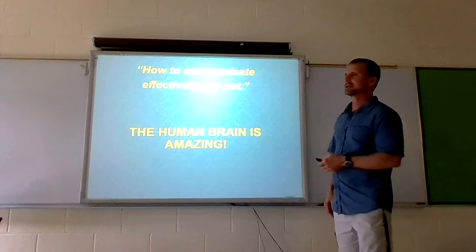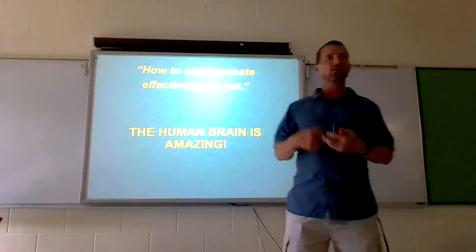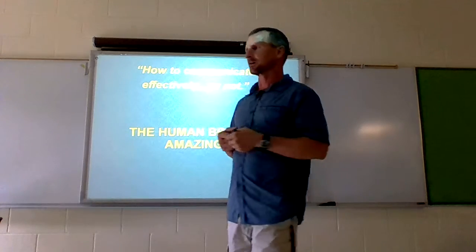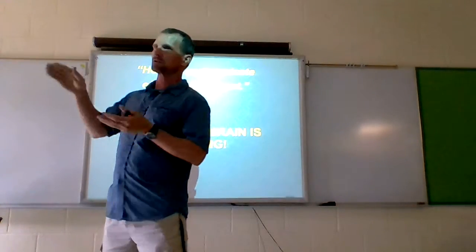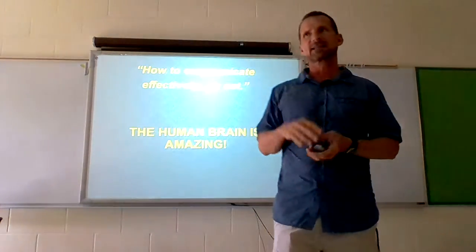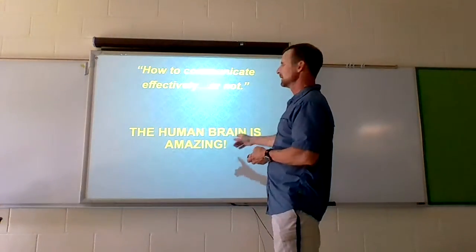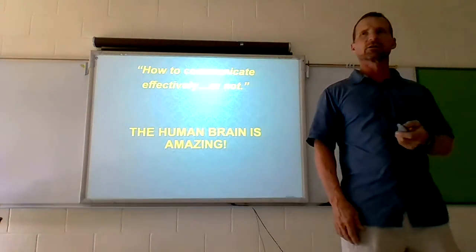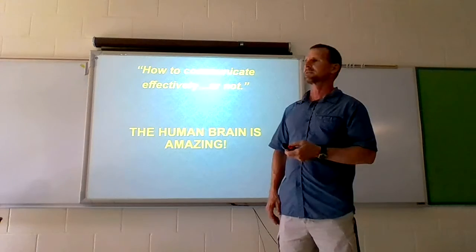The human brain is amazing. Now we talked about a couple of problems, inattention blindness, or the fact that sometimes there's perception versus reality, so you don't understand exactly what it is the sender is trying to say. But the human being in the loop is also probably very good. We do a lot of things better than machines do.